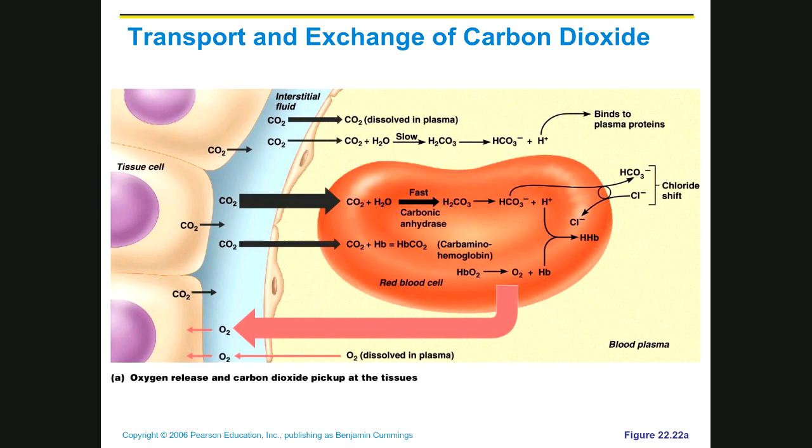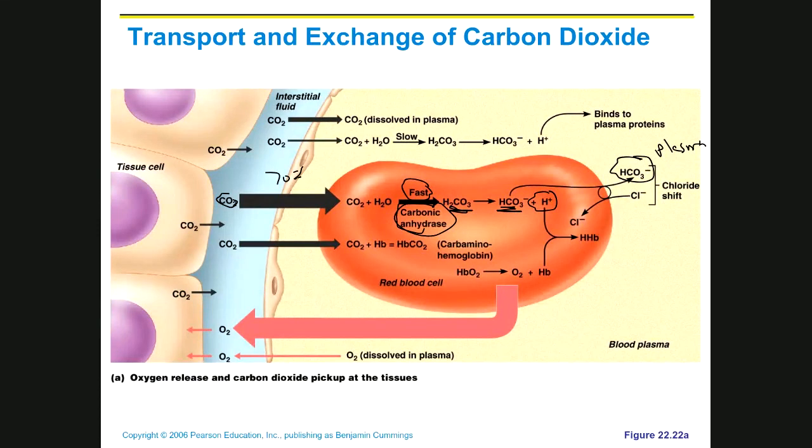But most of it, 70%, is going to enter the red blood cell in the presence of this enzyme, carbonic anhydrase. It's very, very rapidly going to turn into carbonic acid. It's going to combine with water. This is going to dissociate into a hydrogen ion and a bicarbonate ion. And the bicarbonate ion is going to leave and go into plasma. And it's going to travel around just like that.